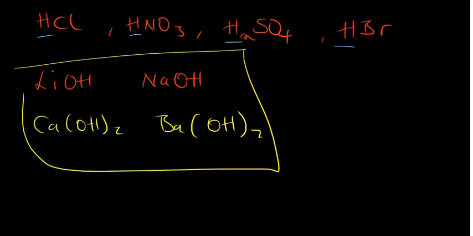By definition, according to Arrhenius, an acid increases the concentration of hydrogen ions. Actually, a proton donor is Brønsted. Let me give you an example.